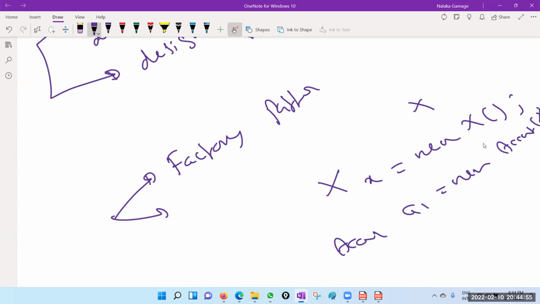But there are situations where we have to create those objects in a different context. So then there's a concept called the factory pattern. I'm not going to explain the factory pattern; I'm just introducing a few patterns. Then there's another pattern called the singleton pattern.